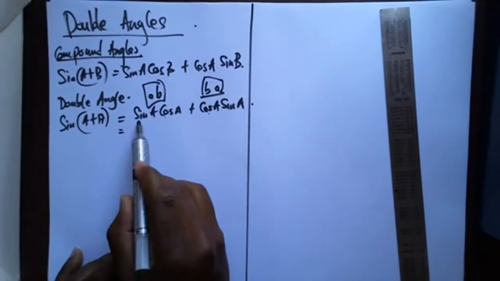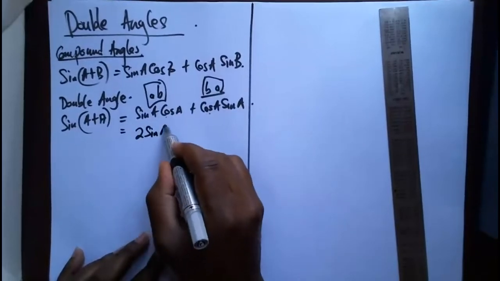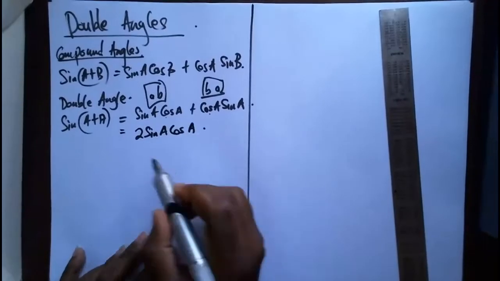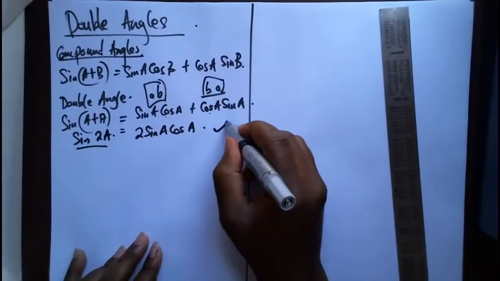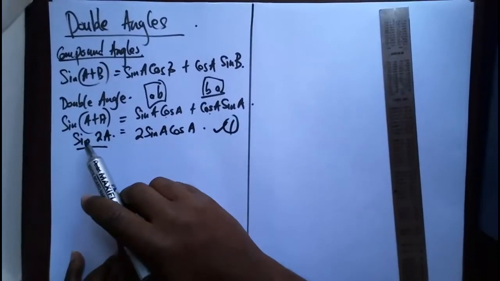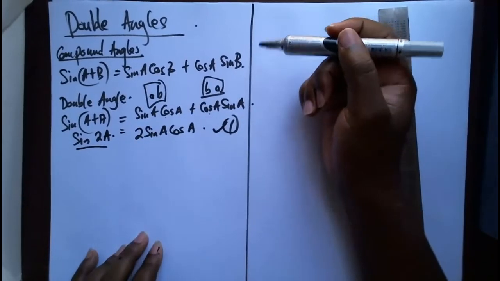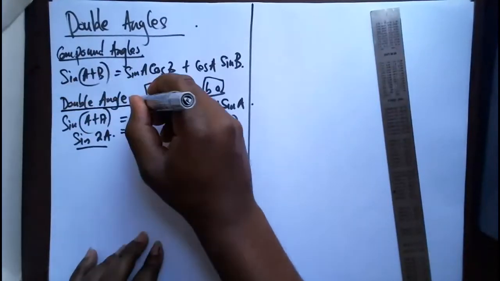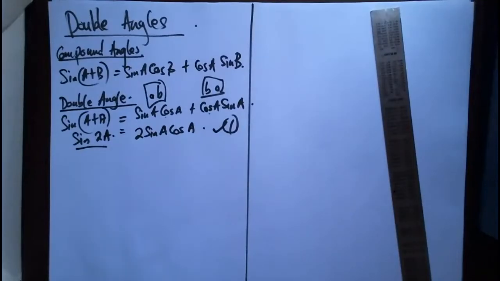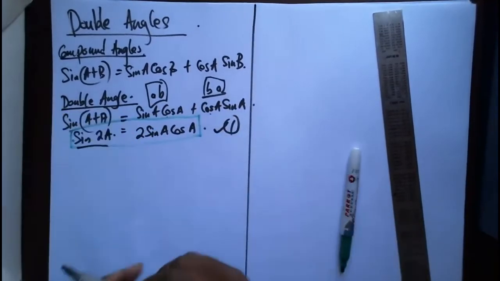So if they're the same, I can write them as 2 sine A cos A. So this is the identity for the double angle: sine 2A is equal to 2 sine A cos A. It's very important. You can actually see that we have derived it from the compound angle. So this is the double angle for sine.